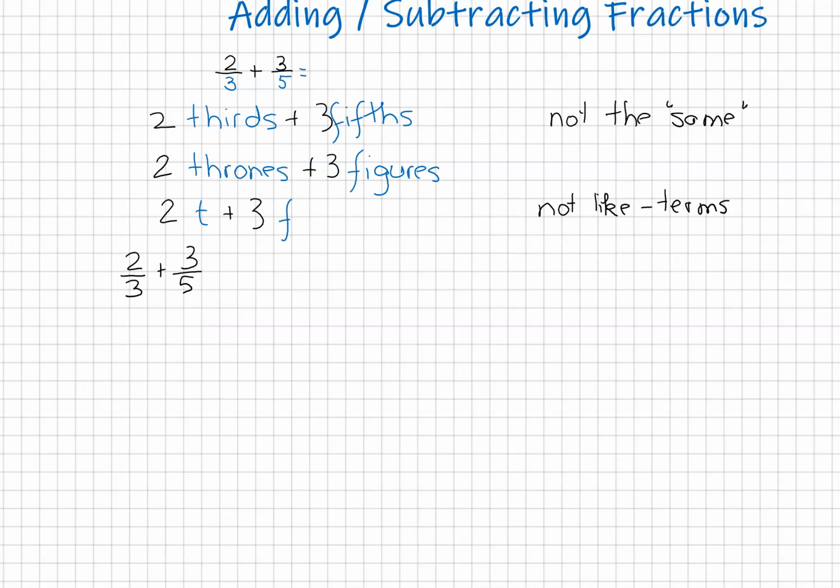But given that there are so many equivalent fractions for each one of them, which one do we choose? We're going to choose, obviously, the one that will have the same denominator. How do we find the common denominator? By finding the lowest common multiple of the denominators.